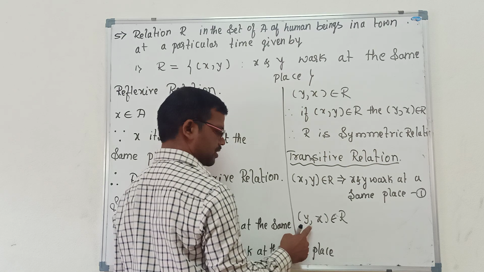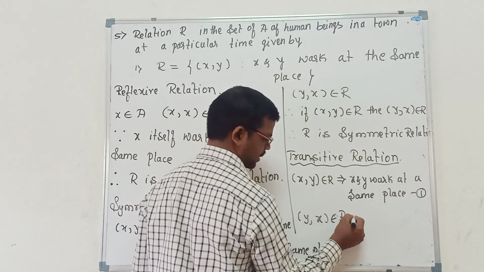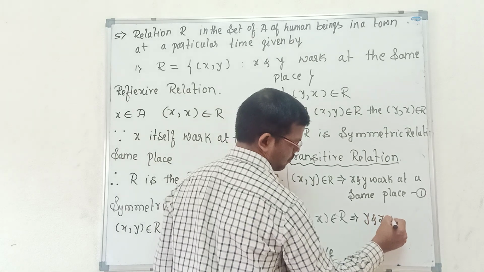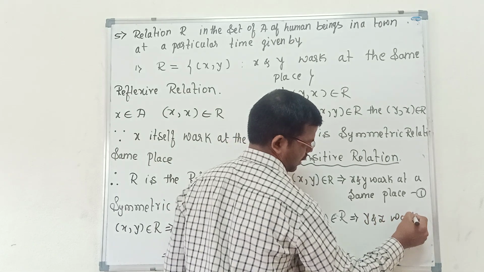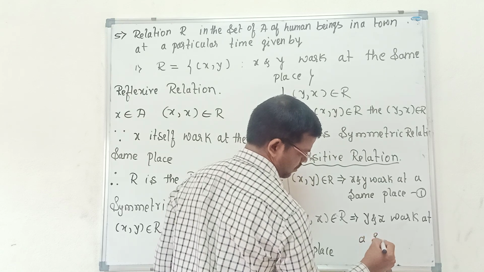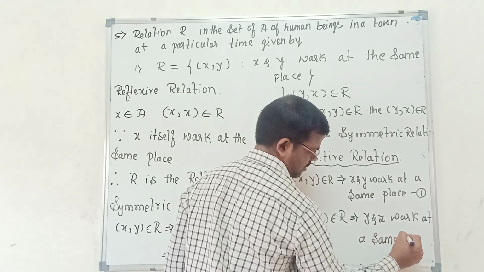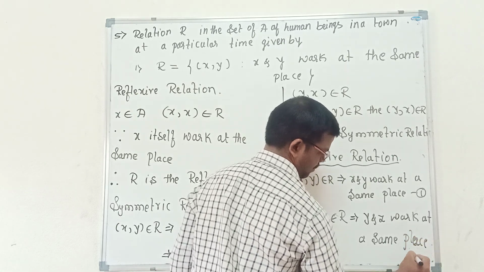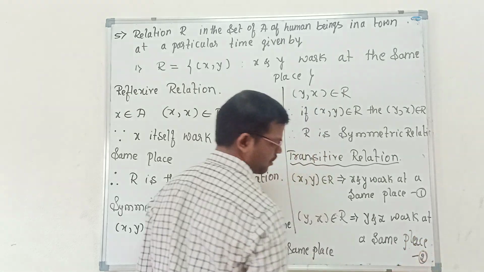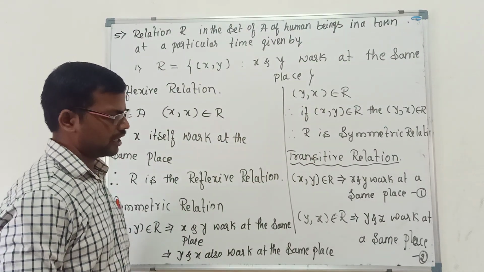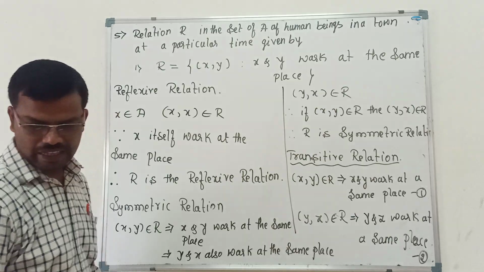If (y, z) belongs to R, it implies that y and z work at the same place. Name it as 2. From 1 and 2 we come to know that x and z automatically work at the same place.